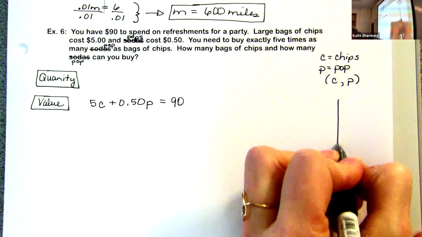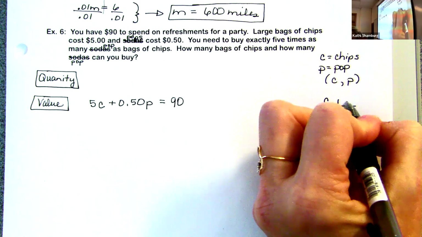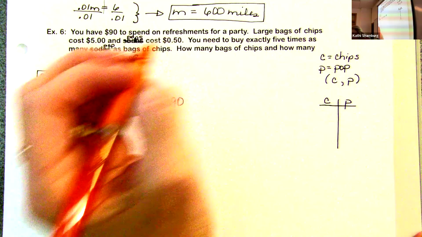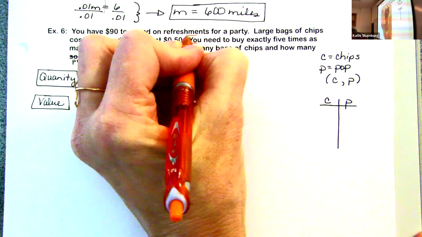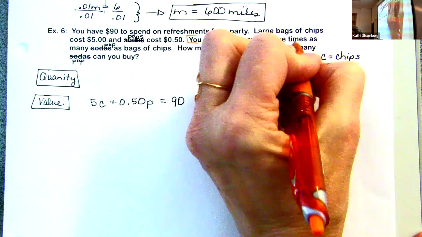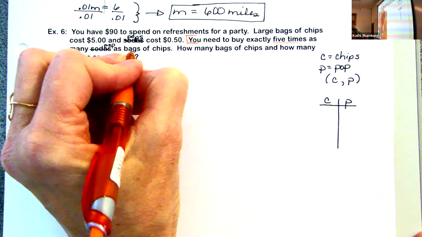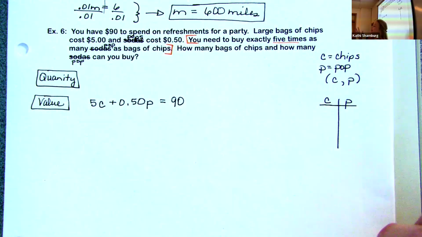So just to wrap my head around, I'm going to do a T chart dealing with chips and with pop. Because what I do know on the quantity is that you need to buy exactly 5 times as many pop as bags of chips. So if I have 1 bag of chips, how many pops do I need? 5.